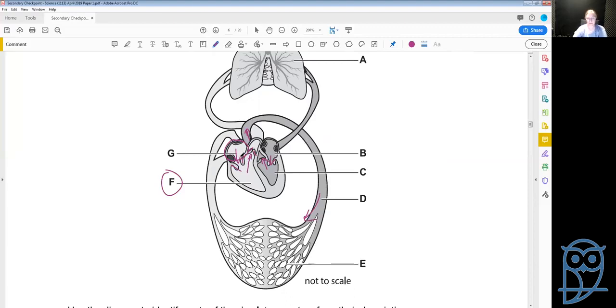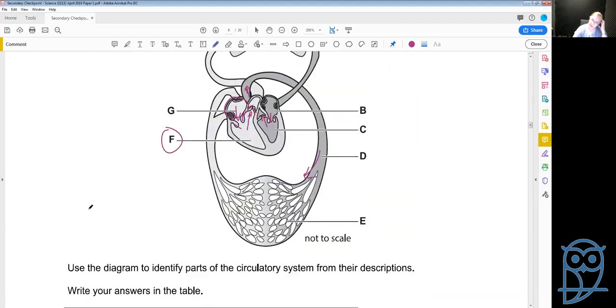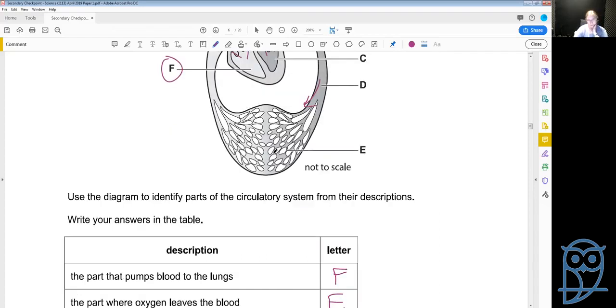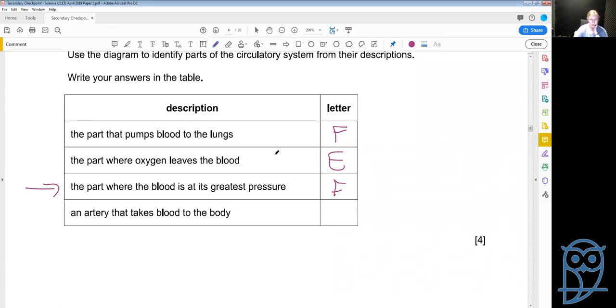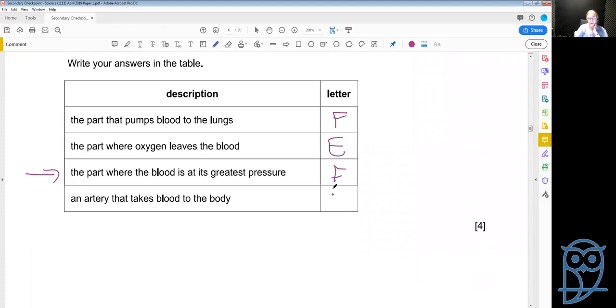I'll say F, because F is where the blood gets pressurized to actually go through the rest of the body. This one is a little hard to know, mainly because their sketch is slightly weird and wonky. Yeah. And the reason why the sketch is slightly weird and wonky is the bigger heart chamber, this one, is technically supposed to be going to the body and not to the lungs. Okay, an artery that takes blood to the body, so that would be D on our sketch.